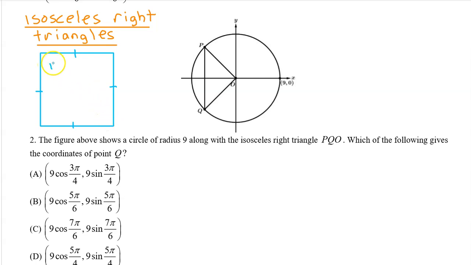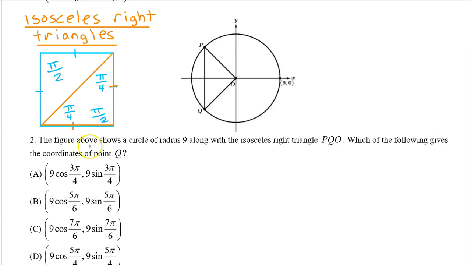In radians, we will say that these are each pi over 2. If you split one of these angles down the middle, half of pi over 2 is pi over 4. Half of a square is an isosceles right triangle. So anytime you are given an isosceles right triangle, know that one angle is pi over 2, and the other two angles are pi over 4.